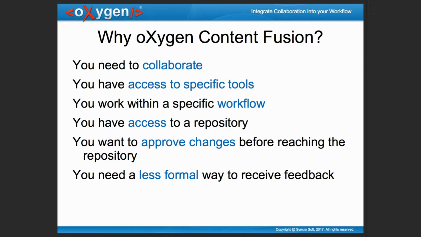And another reason for this collaboration platform that we created was to enable also a less formal way of receiving feedback, like a peer-to-peer, maybe from a technical writer to another technical writer. If you are a junior, let's say, and you want someone to just look over what you did before it's visible by anyone, and it's a revision in the repository, and then everyone can see that, right?